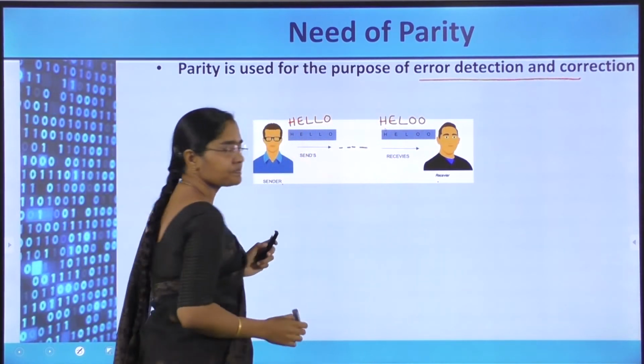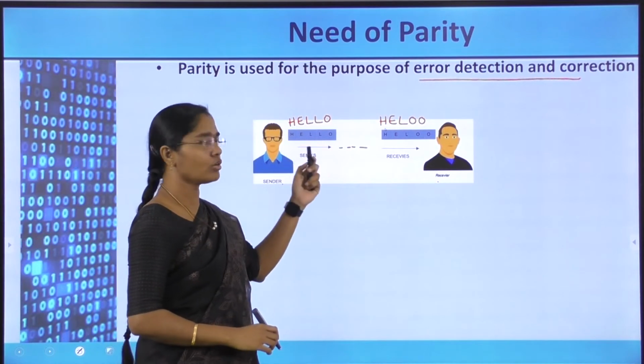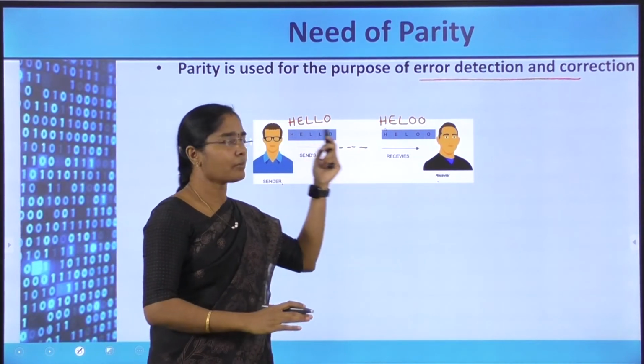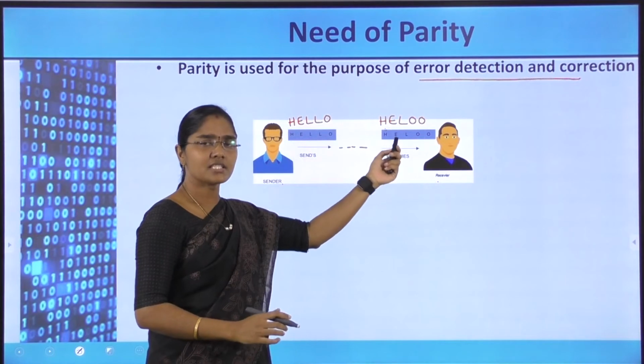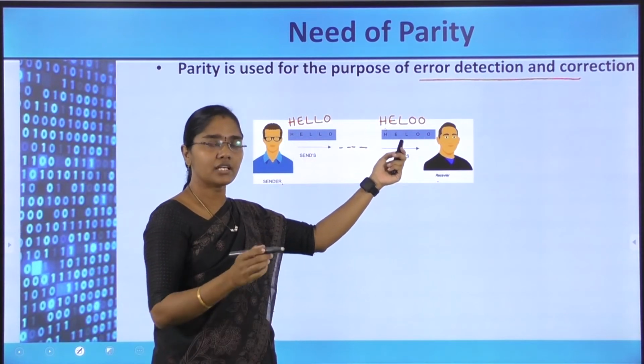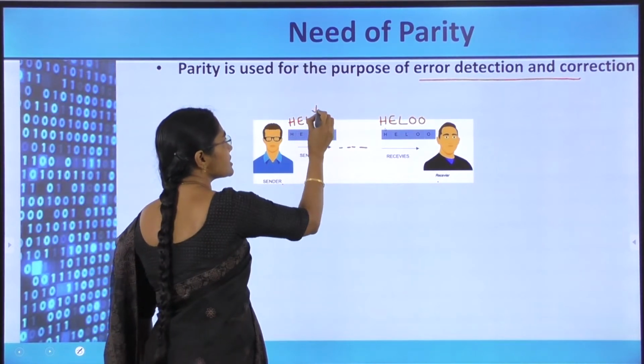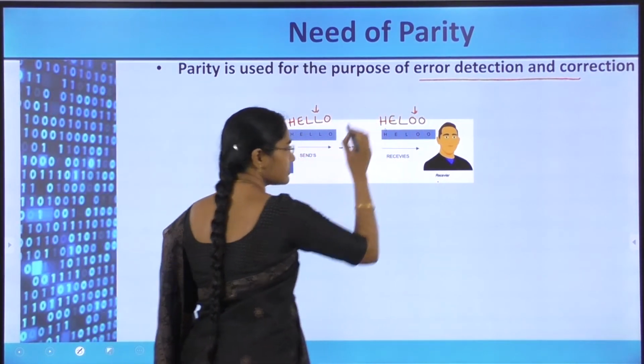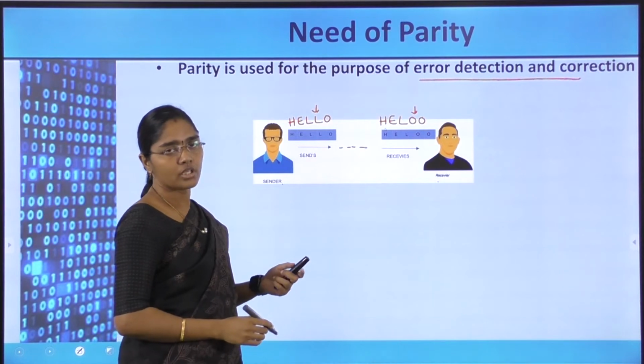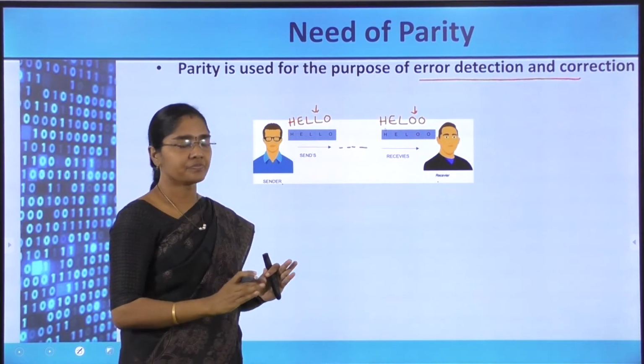Assume that. He sent hello, but in the message, it is received as HE instead of LL, LO is received. Here it is L and here it is the letter O. It is actually called error.